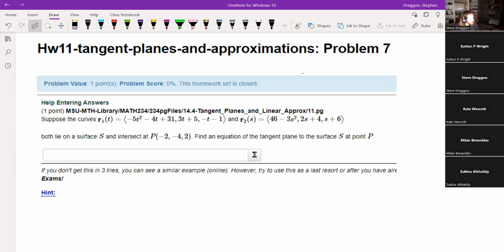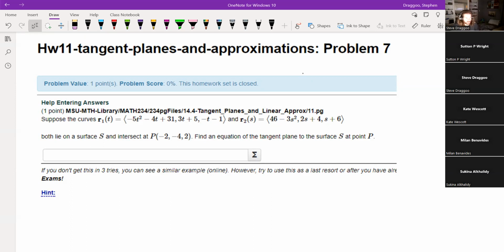It only needs one parameter to describe the curve, so it's like a one-dimensional object that's bent and curved in 3-space. I have two of them, R1 and R2, both of which lie on some surface S and intersect at the point P. We want to find an equation of the tangent plane to the surface S at the point P.